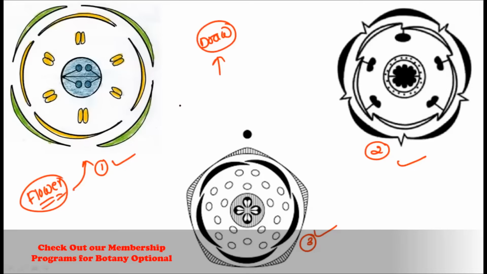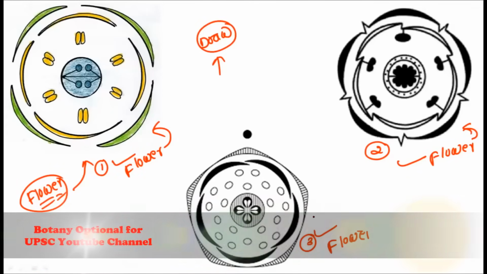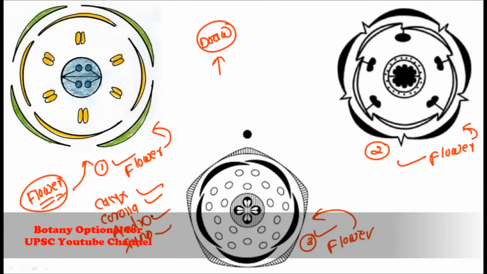This is because the flower from which the first floral diagram is created is different from the flower creating the second floral diagram, and in turn the third flower is also different, so a different kind of floral diagram is created. This is primarily because of the presence of different types of calyx, different types of corolla, the different arrangement of the androecium, and how the gynoecium is arranged.